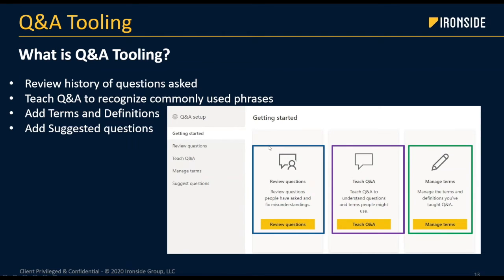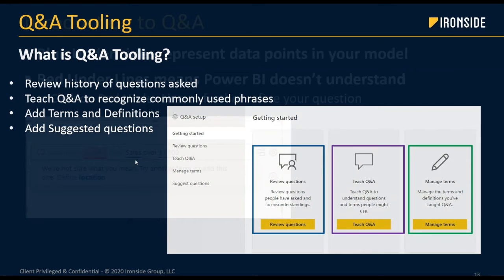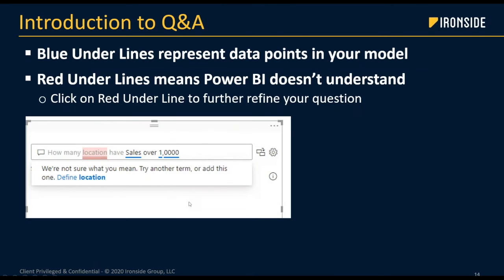Okay, and then the last thing with Q&A tooling is how to manage terms. Again, that's just like a semi-dictionary. It's a key pair. So you say location only means state or whatever, vice versa, right? As you're working with the Q&A visual object, you'll notice that there are some underlined words here, right? Anything that's blue means that it understands what you're saying.